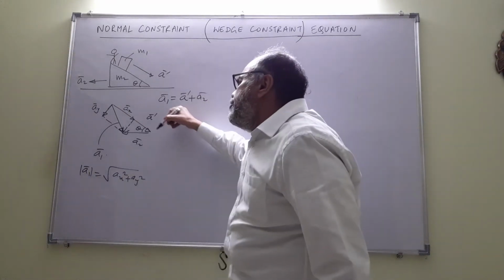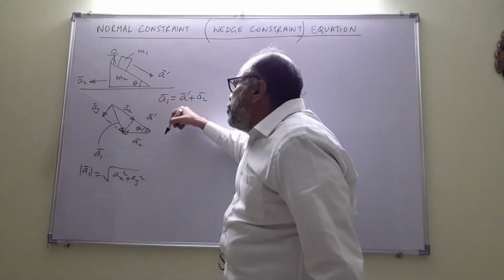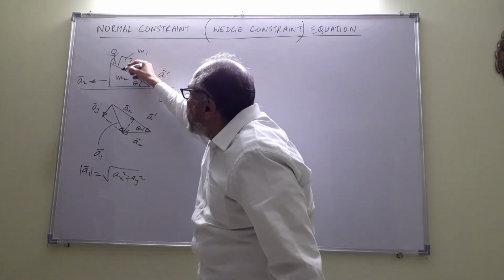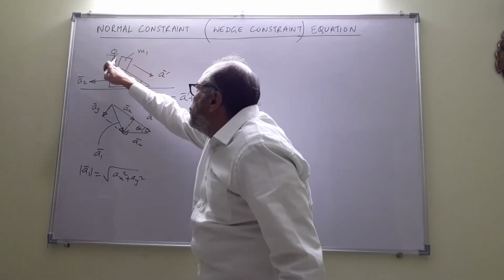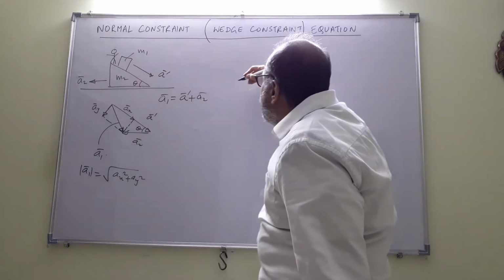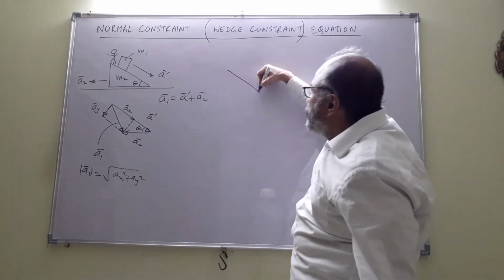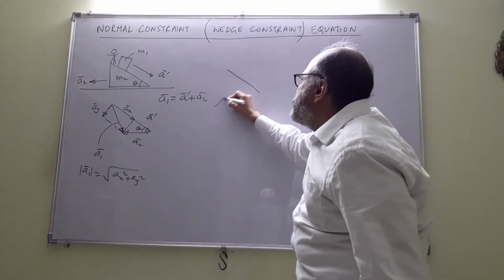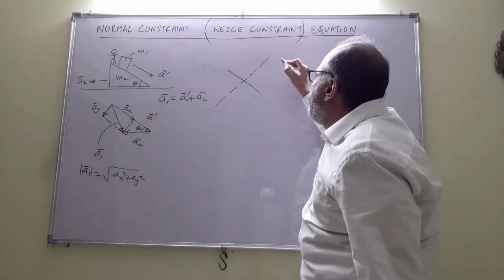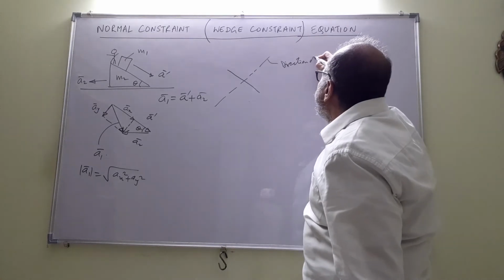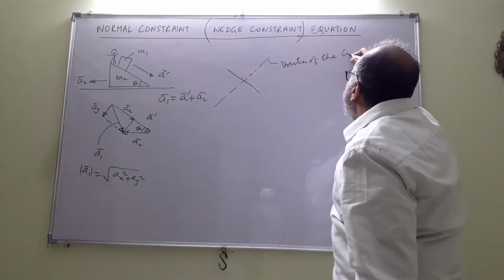Now let us see the normal constraint. The two surfaces are in contact along the incline. So let me show the contact surface. The contact surface is like this. This is the direction of the common normal.